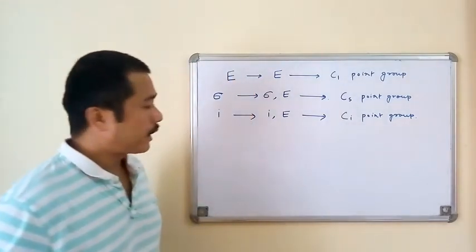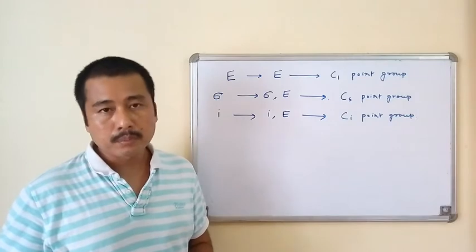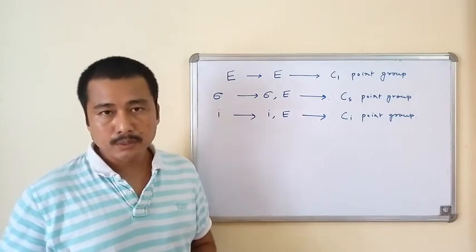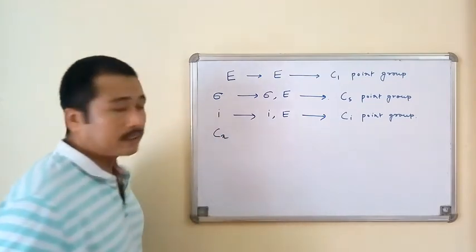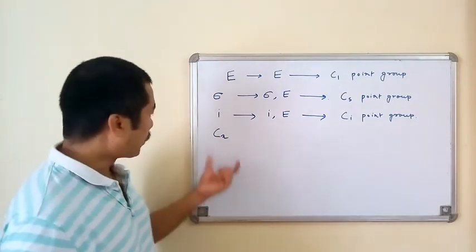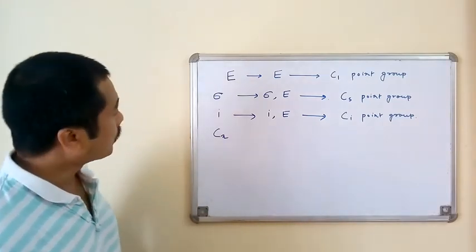Now let us look at groups that are formed when only a proper axis of symmetry is present within a molecule. So let us say only a Cn axis of symmetry, that is a proper axis of symmetry of order n, is present within a given molecule.